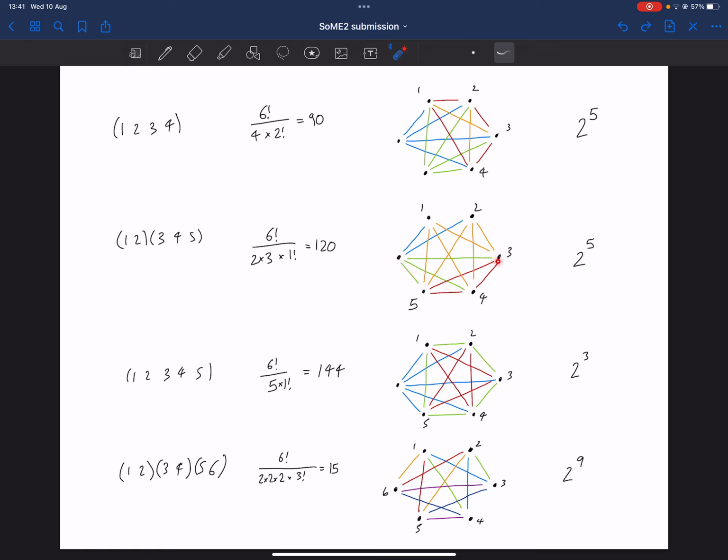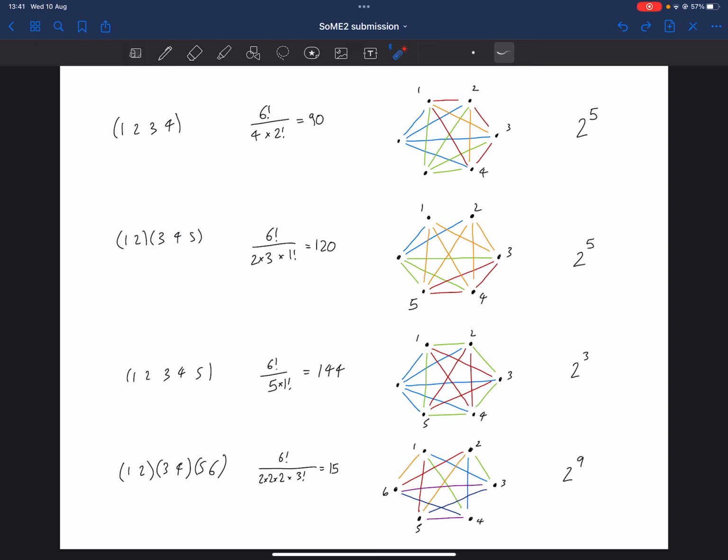But also this edge between 3 and 4 is going to move around, so every time it needs to be the same, and any edge between an element of 1 and 2 and an element of 3, 4 and 5, which is one of these orange ones, they all need to be the same. And we have a free choice for whether to include the edge between 1 and 2 or not.